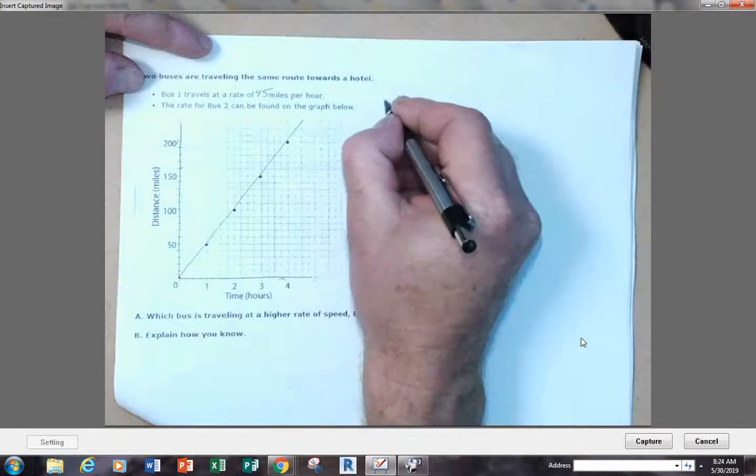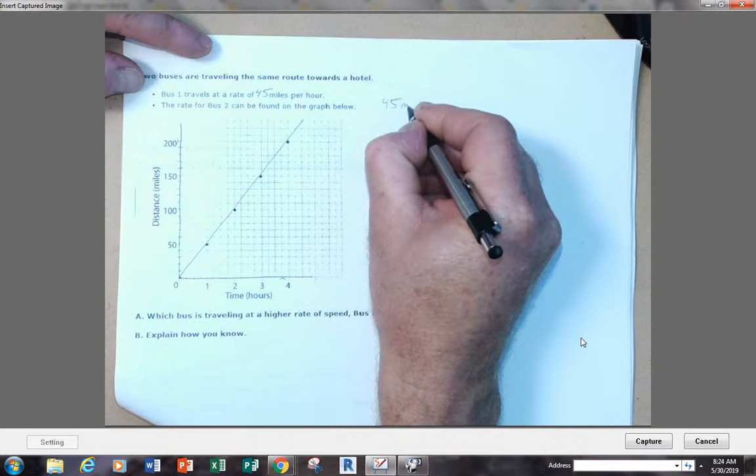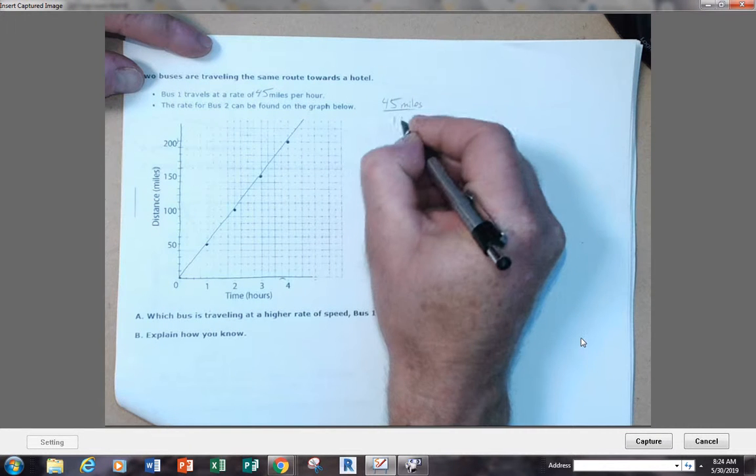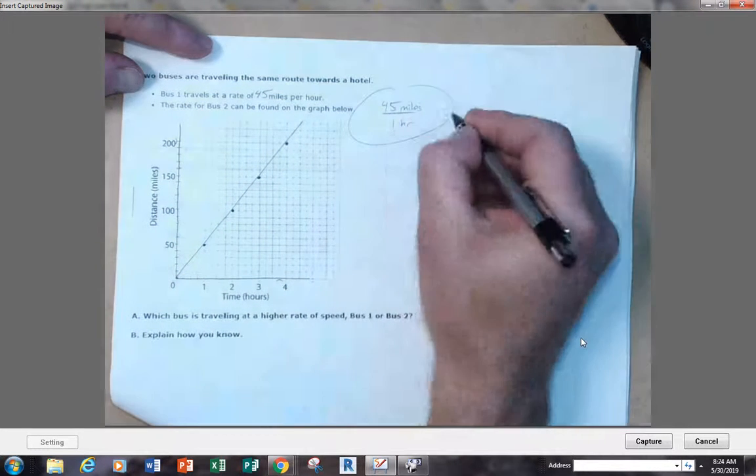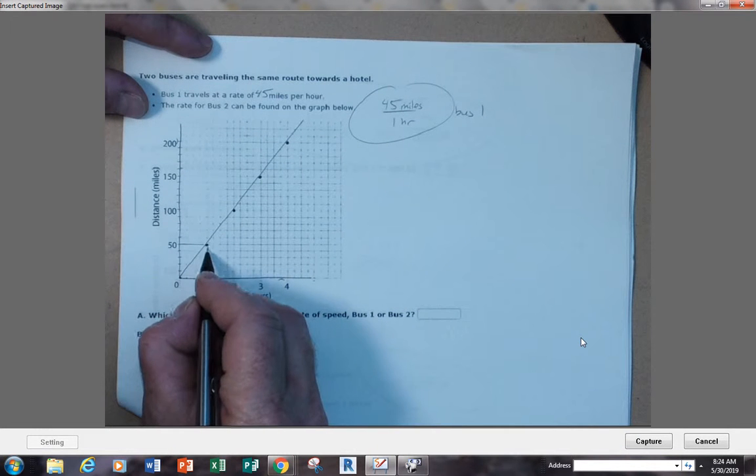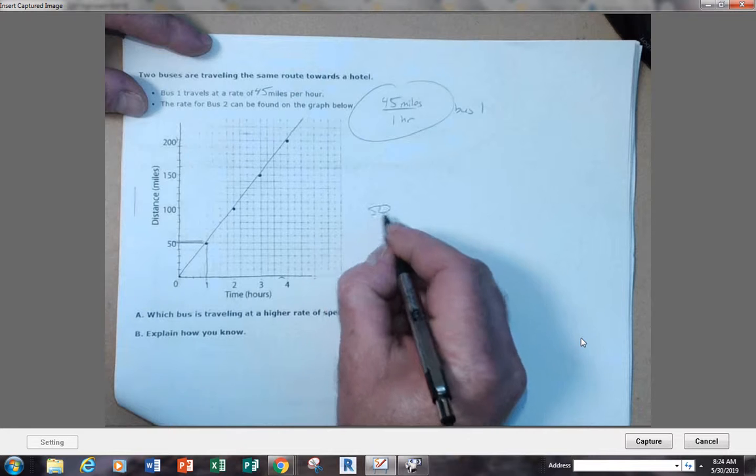This one right here, bus 1, 45 miles for every 1 hour. That's bus number 1's speed. Bus 2, if I look at it, this is right on the nose, 50 miles for every 1 hour.